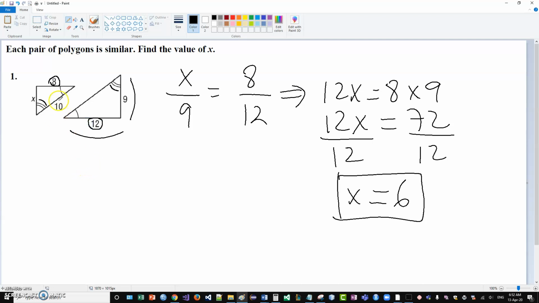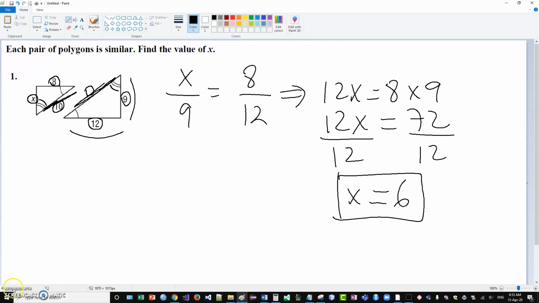Same thing here: the 10 is corresponding to this, so we're left with this corresponding to this. This is the hypotenuse and this is the hypotenuse. So you have to be very careful when you determine which sides are corresponding sides.